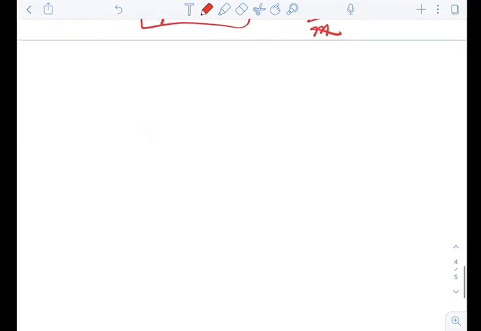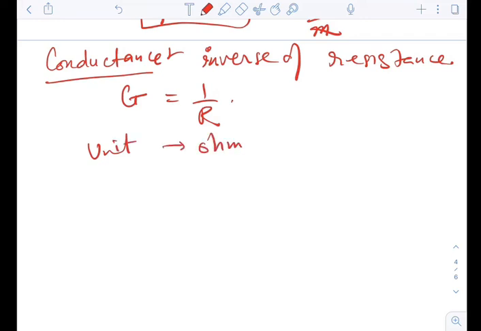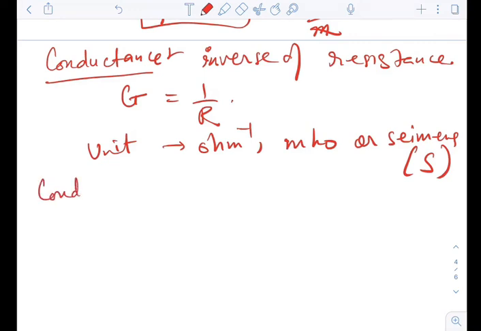Next we have two more points to deal with today: conductance and conductivity. Conductance is the inverse of resistance, denoted by capital G equals 1 by R. The unit of conductance can either be ohm inverse, or mho, or Siemens, denoted by capital S. Next up we have conductivity.